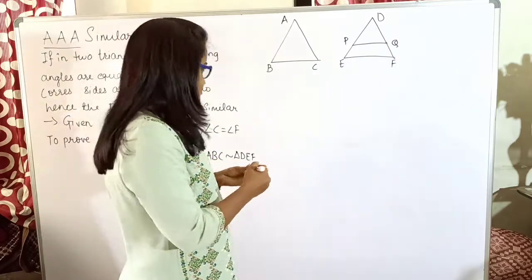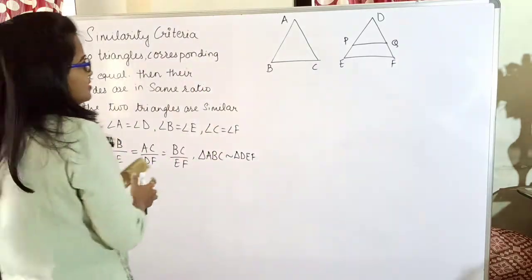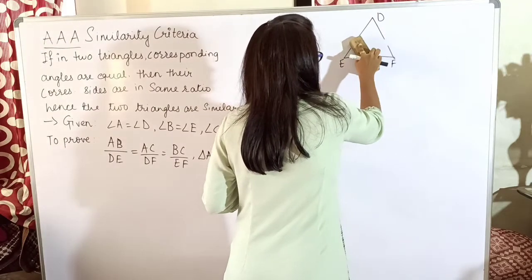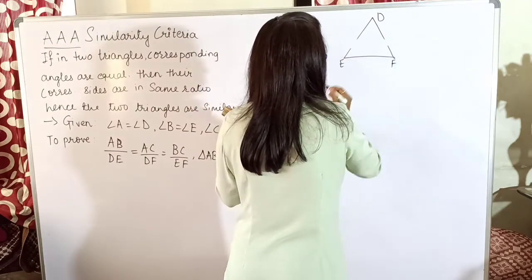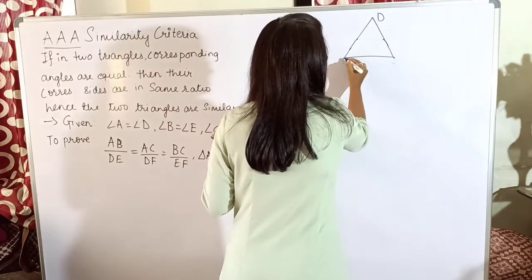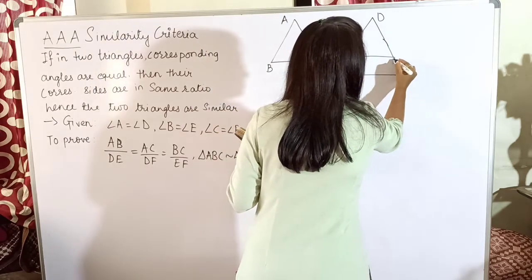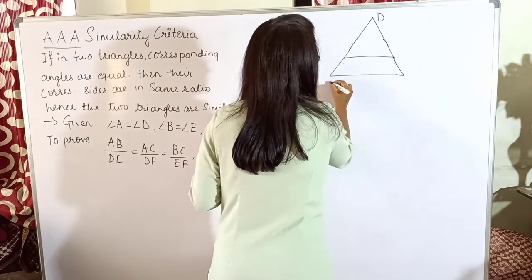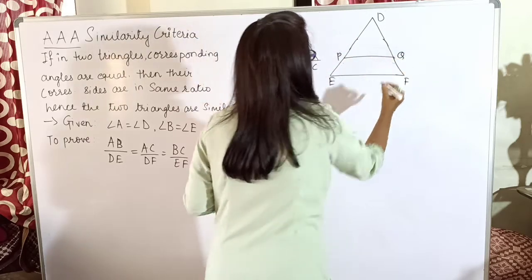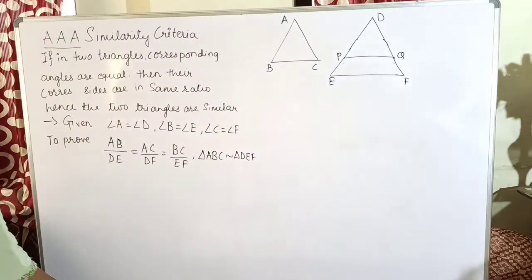Okay, so wait, I will draw the exact figure. So let us take this as triangle DEF, and these are your points P and Q. Okay, so what is your extra construction?